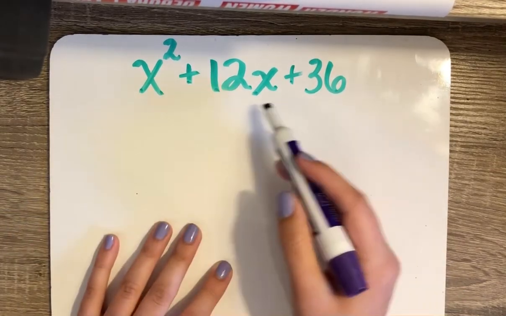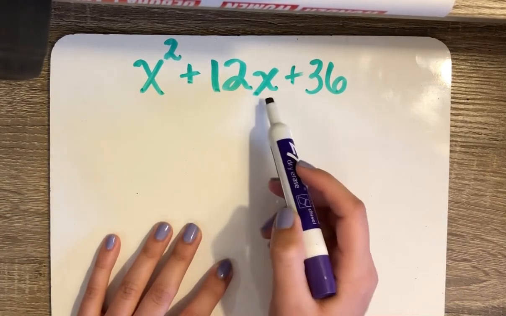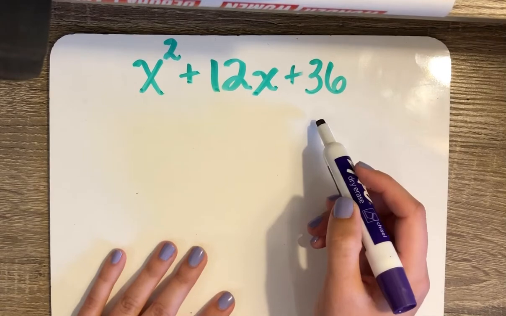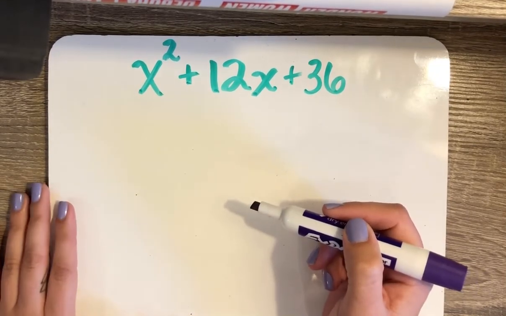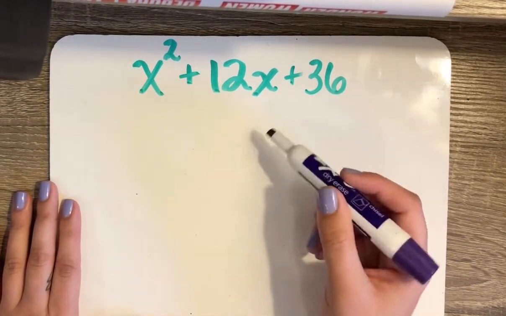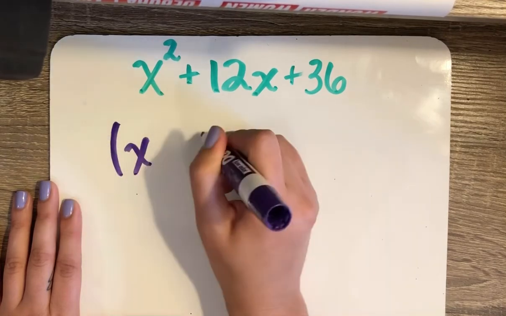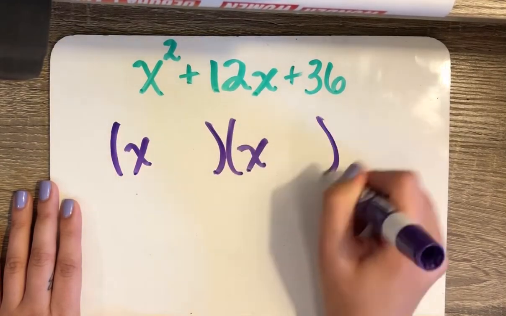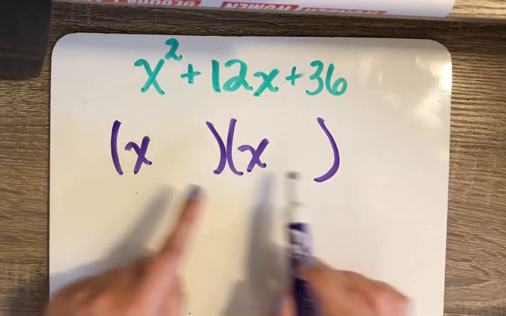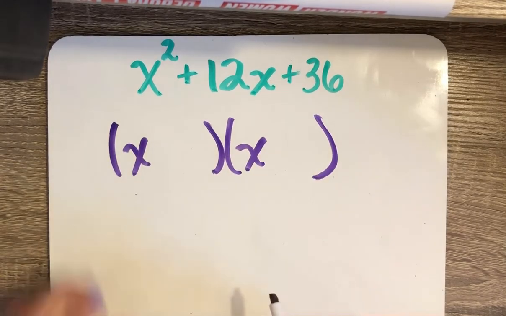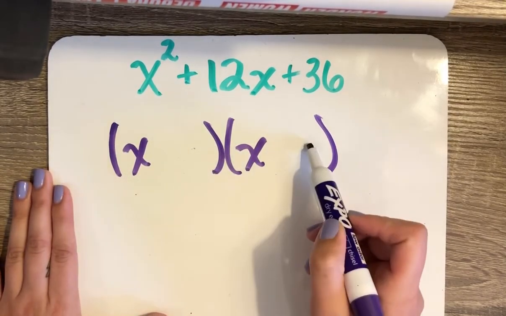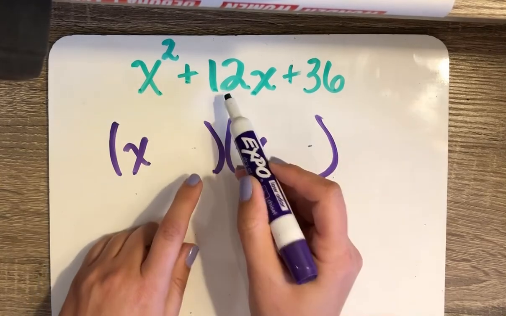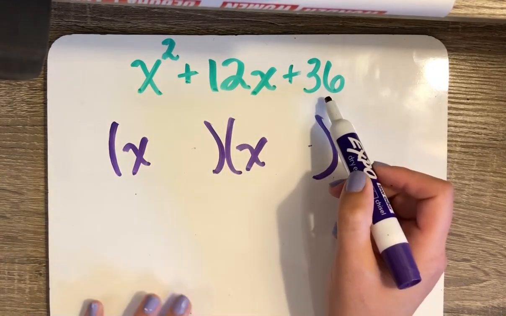So here I have a trinomial x squared plus 12x plus 36. If you think back to factoring from Algebra 1, we're looking for this trinomial to be factored into two binomials that are being multiplied, and these values here need to add up to 12 and multiply to 36.